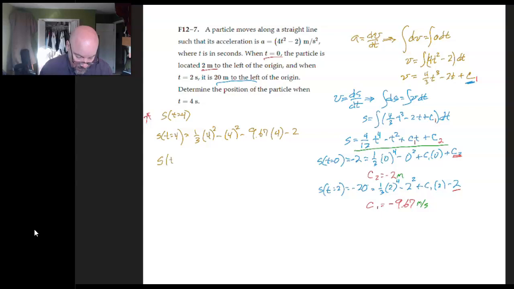And when we get all that done, we learned that S is 28.7 meters. Okay, there we go.